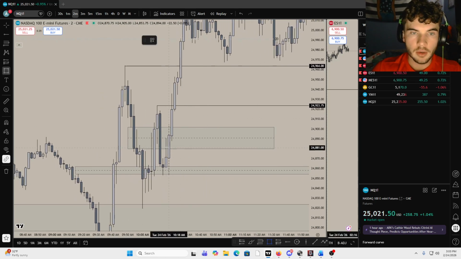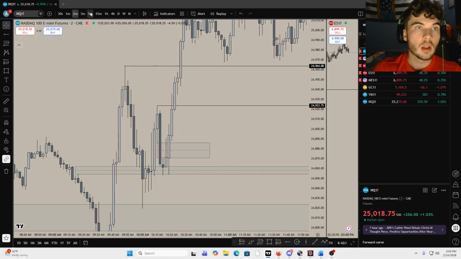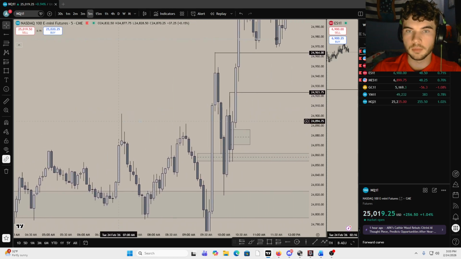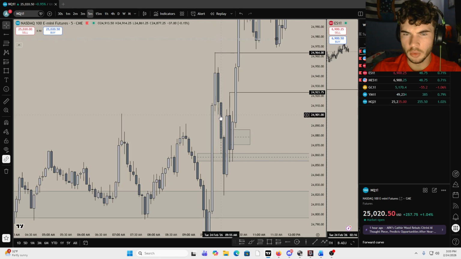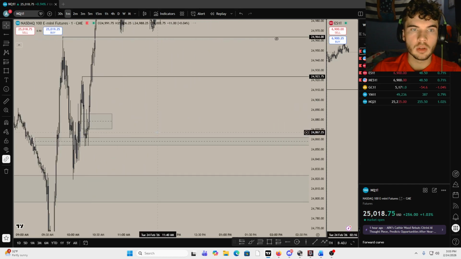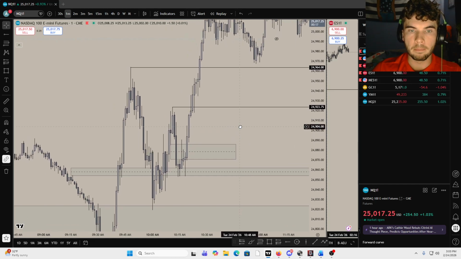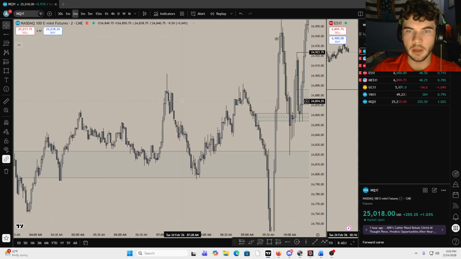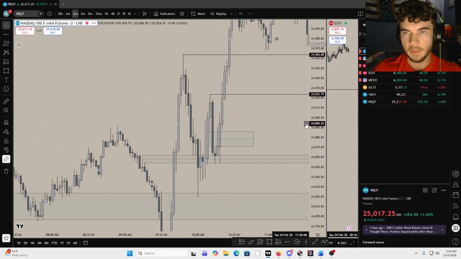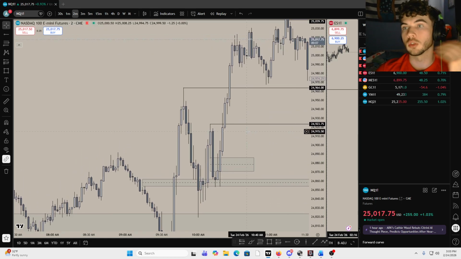But you can see here, we're gonna get rid of this 5 minute gap. Also, yeah, this 5 minute gap doesn't close. I really wasn't too worried about that when entering this long here, because my bias was so strong and my conviction was so strong, and that's also something that I feel like I changed, and that's why my trading's been better the last 2 weeks.